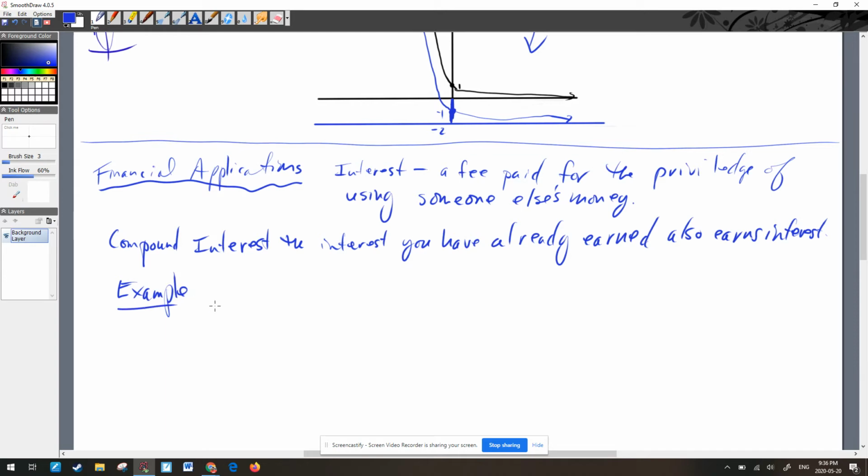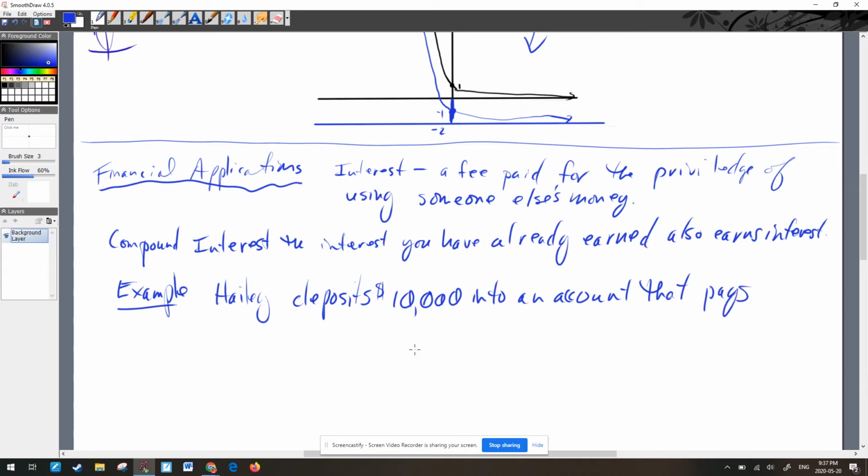So let's make this really, really easy. It's not going to be super realistic, but let's make it really easy just so we understand. So Haley deposits $10,000 into an account that pays, make the numbers easy again, 5% interest per annum.